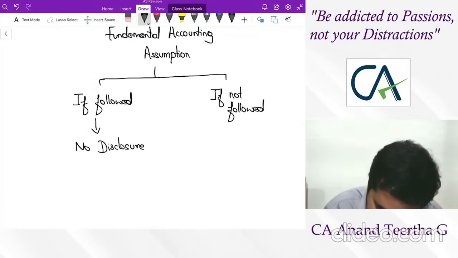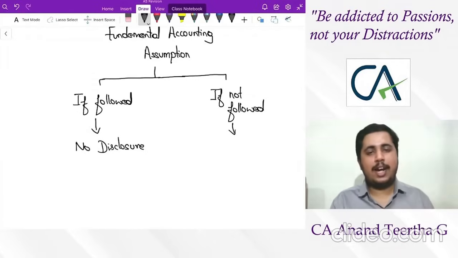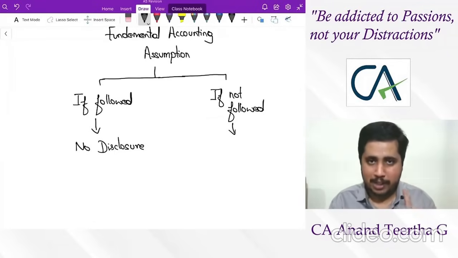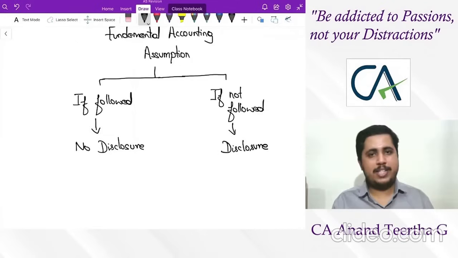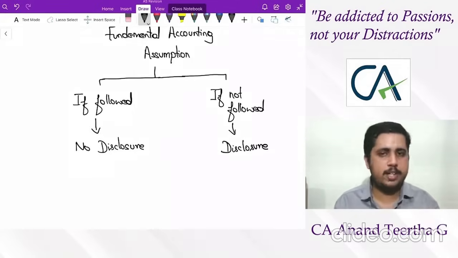However, if the user assumed that you have followed them, but they are not actually followed, then disclosure is compulsory. So basically, if fundamental accounting assumptions are followed, don't disclose. If not followed, then disclose it.